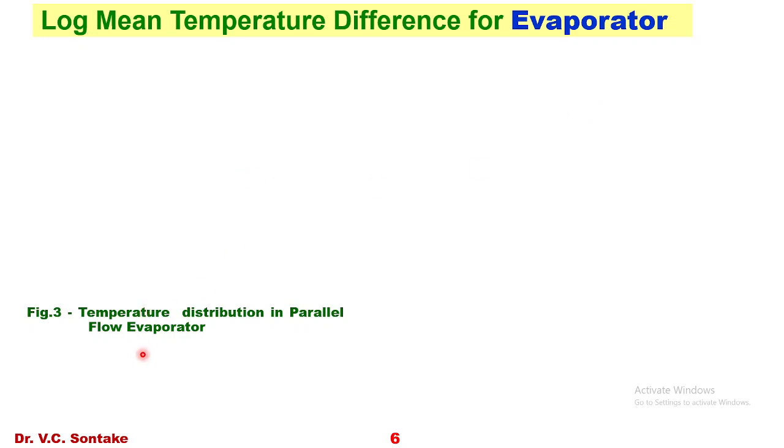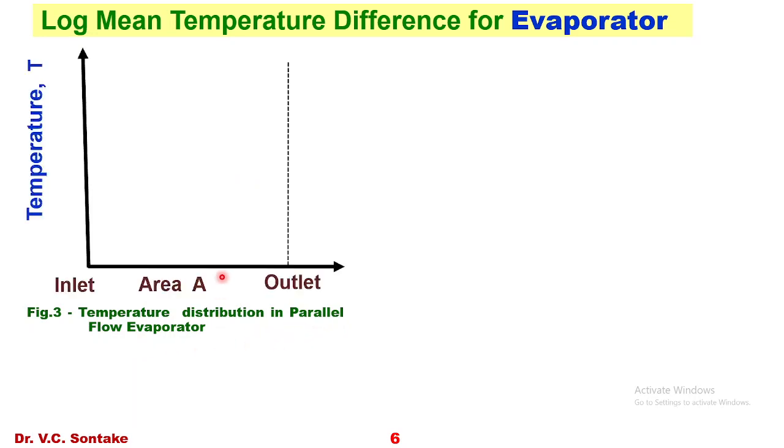So figure 3 represents temperature distribution in parallel flow evaporator. In case of evaporator, first fluid will be the hot fluid and its temperature at the inlet of the heat exchanger is Thi. Cold fluid will be the boiling fluid or evaporating fluid, and let's say its inlet temperature is Tci.